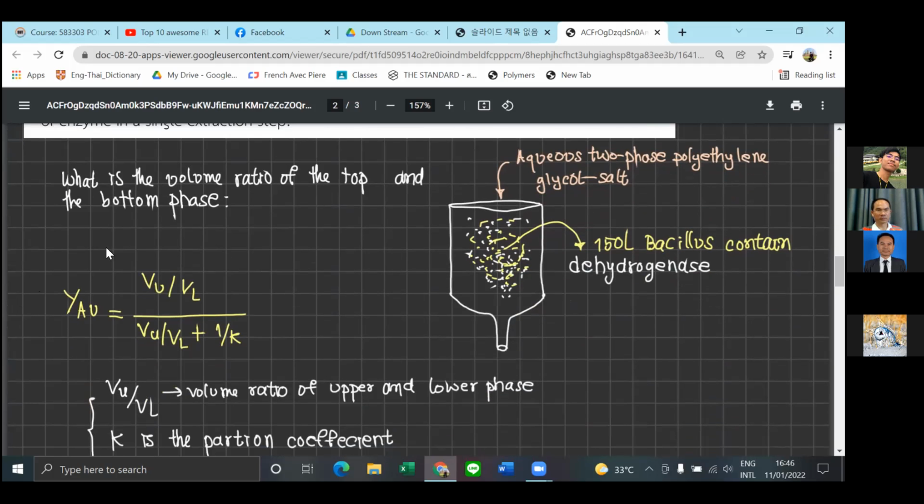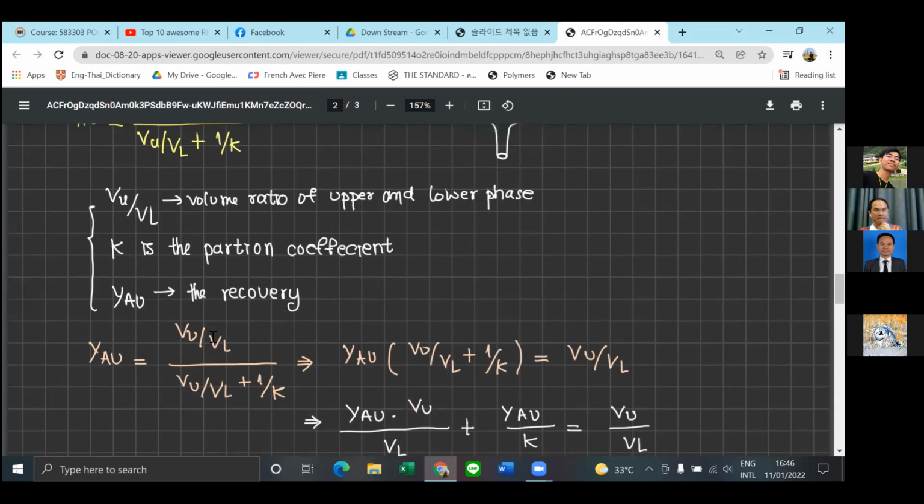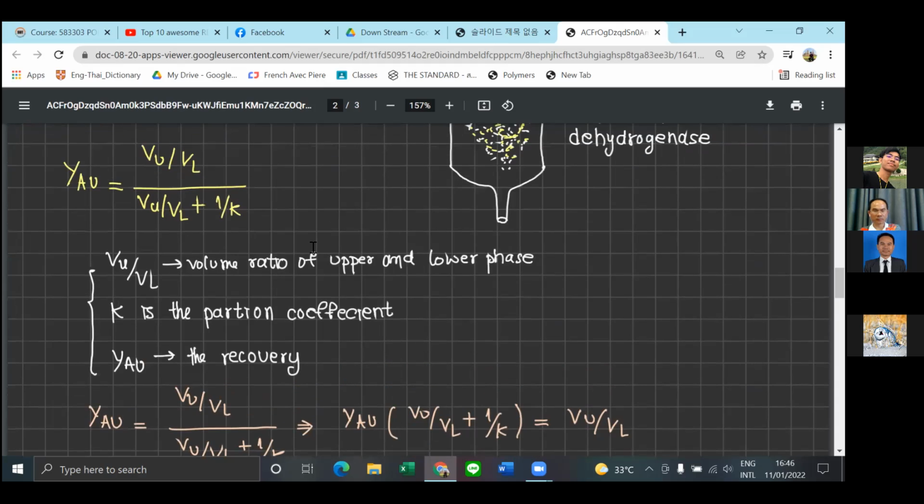This comes from the equation in the lecture for the recovery Y of A, where A denotes the substance A that we recover from the extraction. The recovery in percentage shows how much we can recover from this extraction.